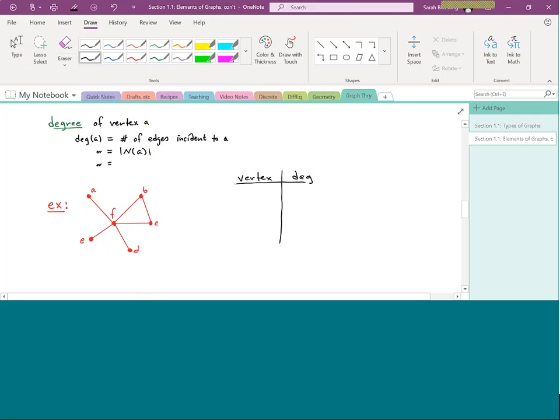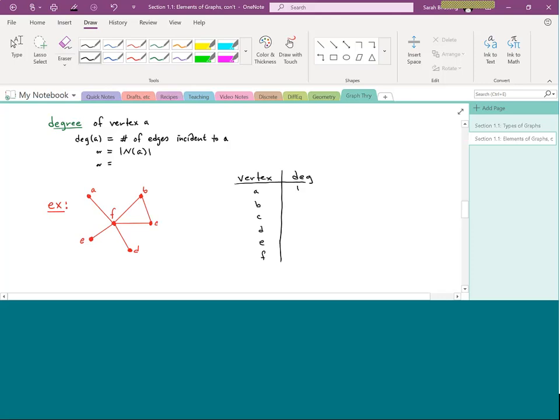I'm definitely regretting having this many vertices in the graph. Oh, well, it'll be fine. What do you guys think? What would be the degree of vertex A? Any guesses? You got it. 1. Anybody have a guess for the degree of vertex B? Yep, 2, because there are 2 edges here touching vertex B.